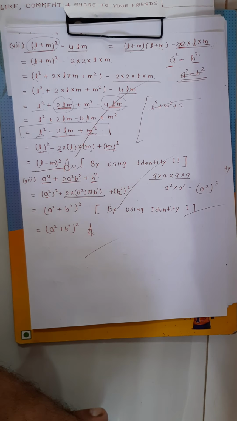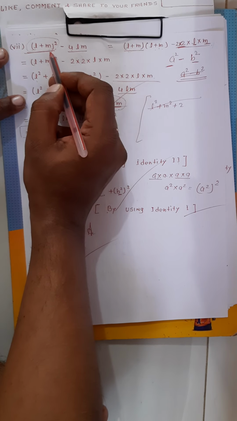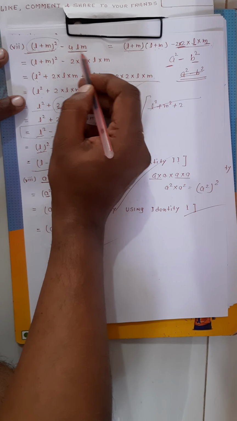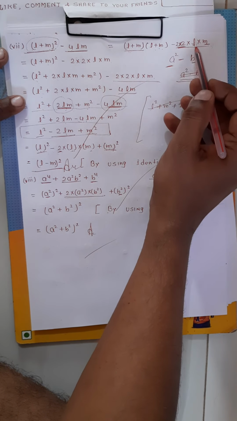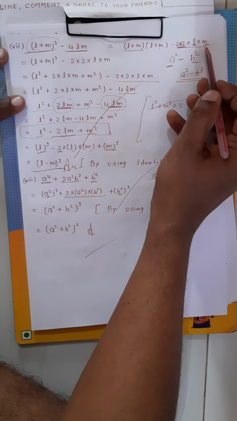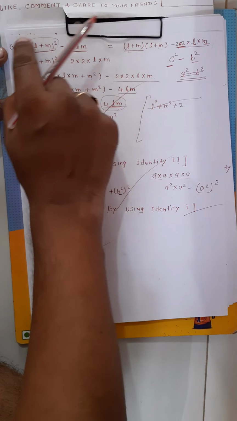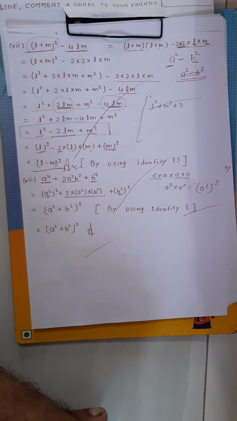Okay, we need only 2 terms, and both terms should be perfect squares. Here there is a perfect square, because it is the whole square of L plus M, but it is not a perfect square because it has 2 numbers of 2, but not 2 numbers of L and not 2 numbers of M. So we cannot make this expression using identity number third.